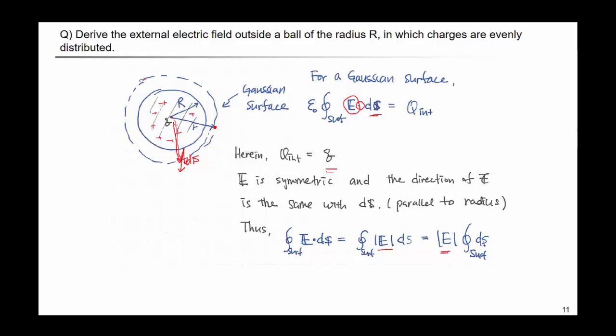And we can take this out, and if we do the surface integral of this sphere with the radius of small r, what would that be? What's the area of this ball?